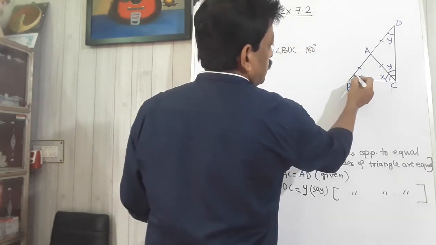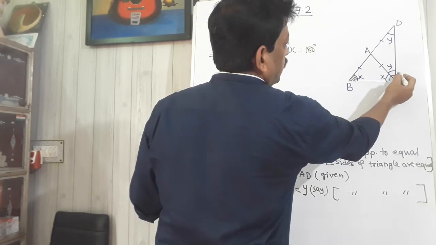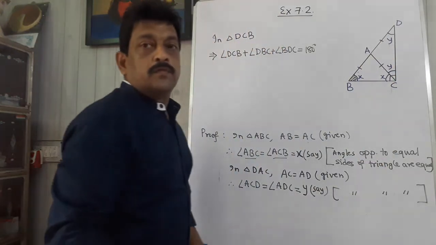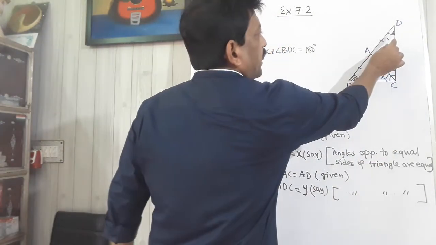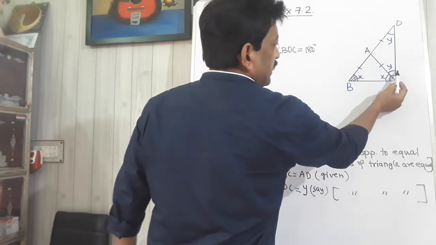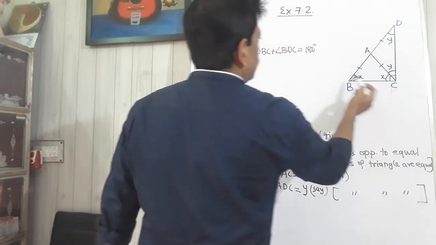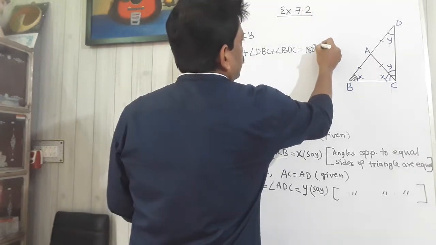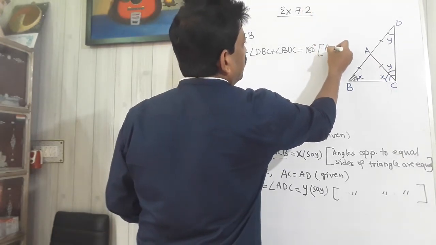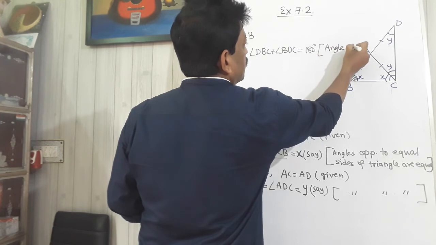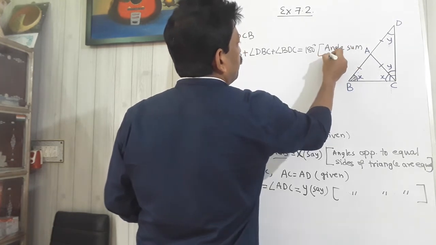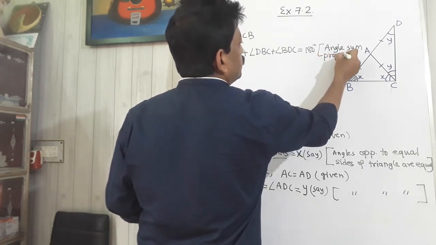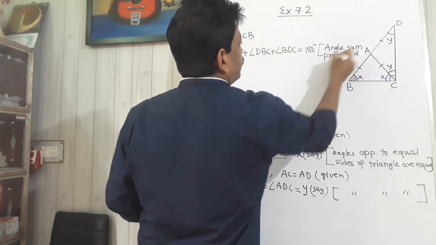We know the sum of all angles of a triangle is 180 degrees. So angle D plus angle B plus angle DCB, the whole is 180 degrees because DCB is a triangle. So here we'll write angle sum property of triangle.